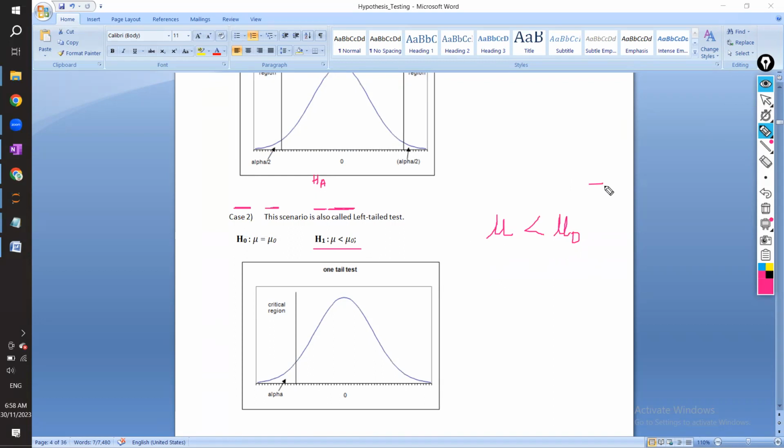You're not checking equal to, you're not checking greater than. You're just checking less than. Only the left side of the portion you are concerned with. Then it becomes only a one tailed test. You are concentrating only on one tail, and it is also called left tailed. Getting?